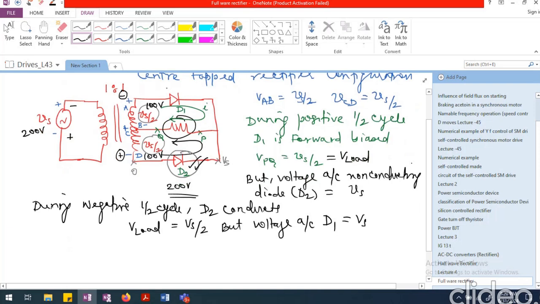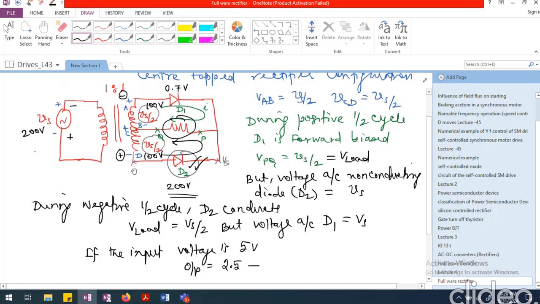If the voltage drop across any conducting diode is assumed to be 0.7 volts, and the input voltage is 5 volts, the output will be 2.5 minus 0.7.